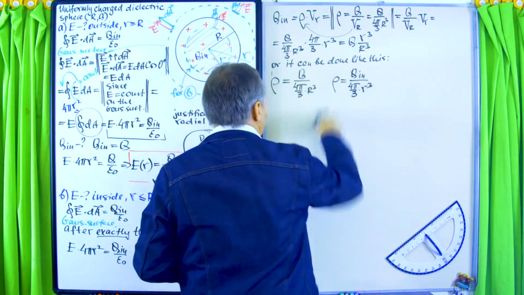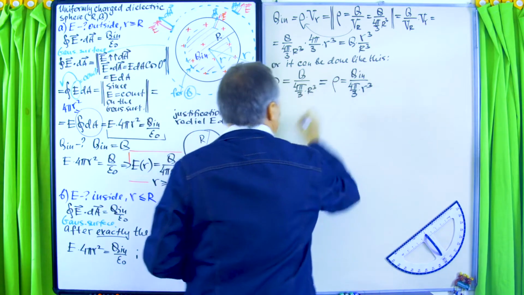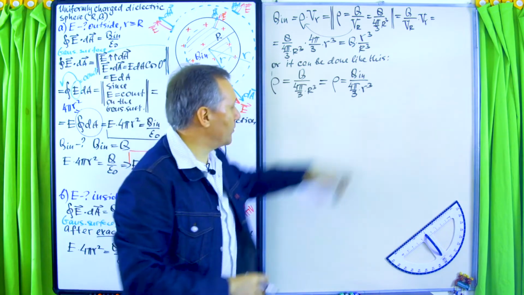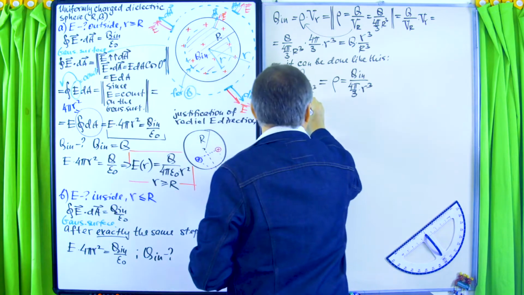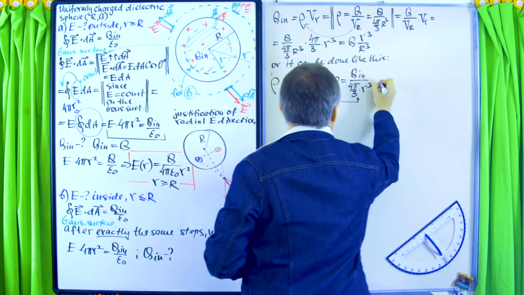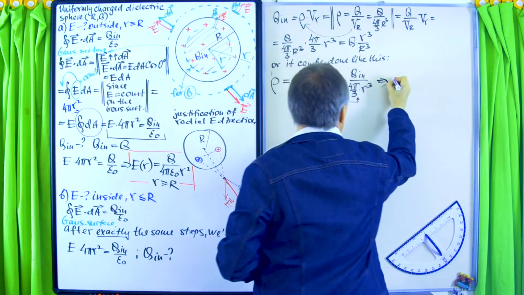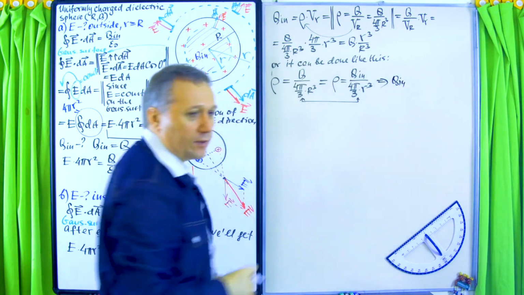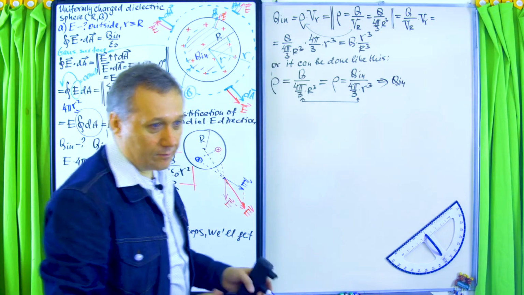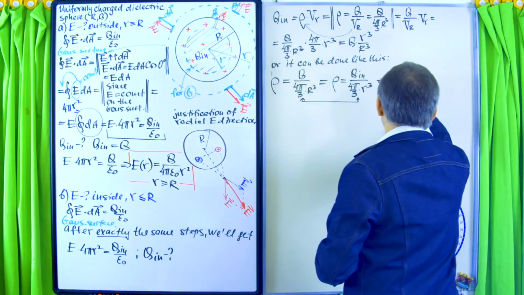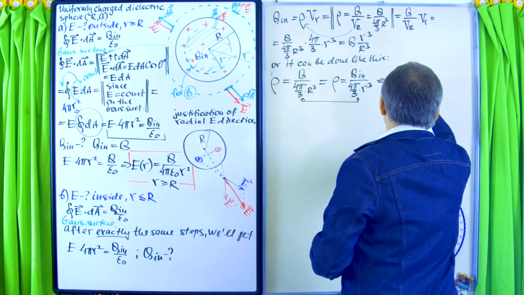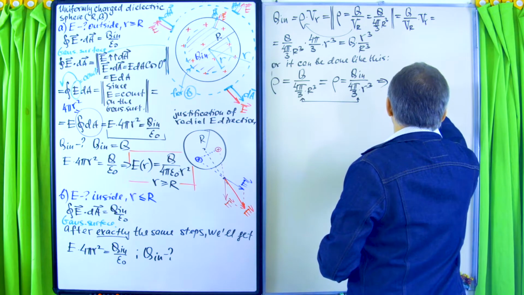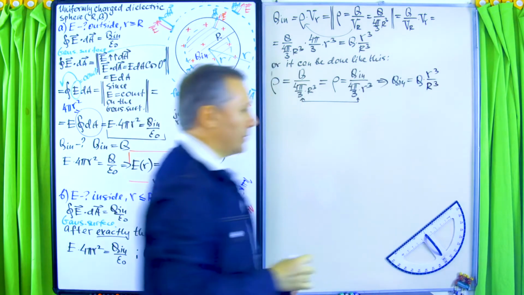So now I can put an equal sign. From here, I can solve for Q enclosed. This goes up here in the numerator, and we will get exactly the same answer: Q times r small to the power of 3 over r capital to the power of 3.